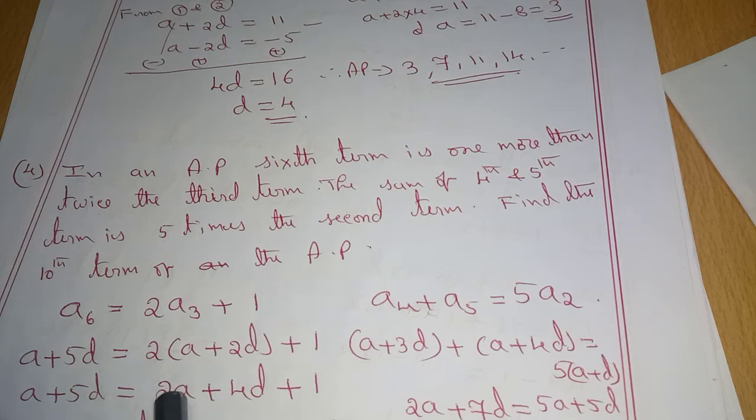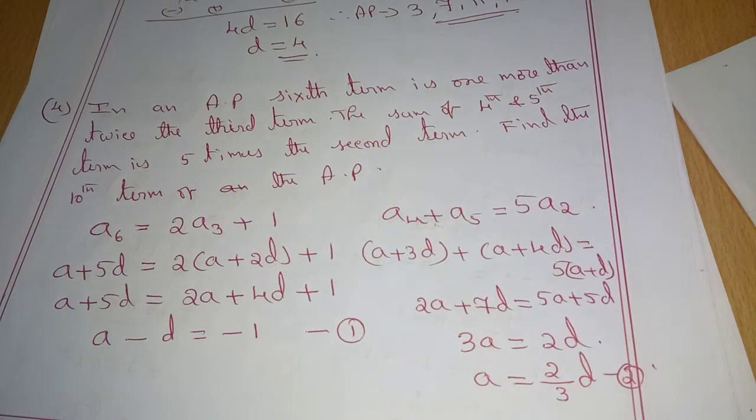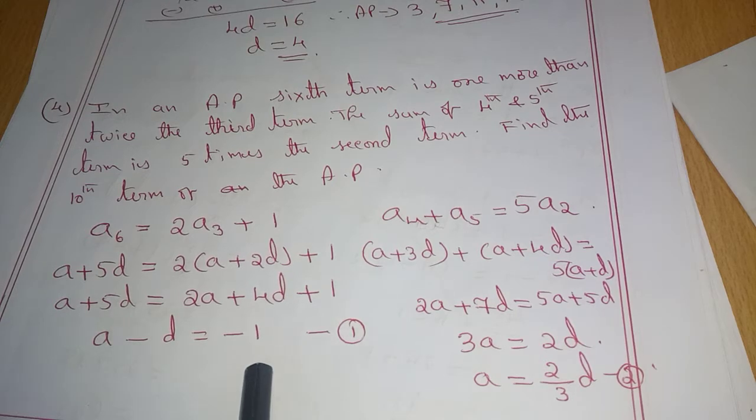When you shift A and D to the same side and keep the constant in one side, you will get A minus D is equal to minus 1. Let it be equation 1.